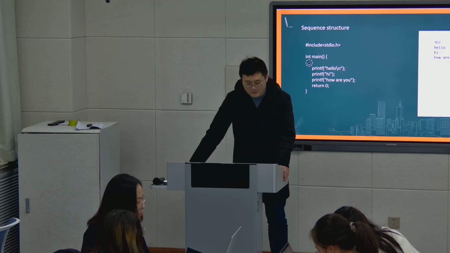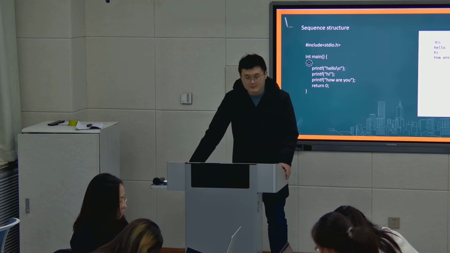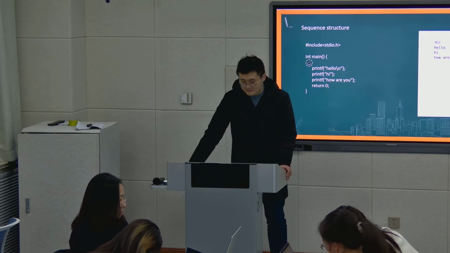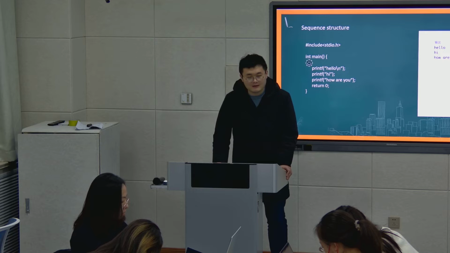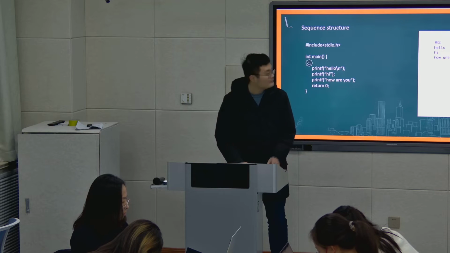Different from the last one, this one outputs sentences, and the last one output numbers. So a computer can output all kinds of results, and it depends on your demand. So try to write this program.